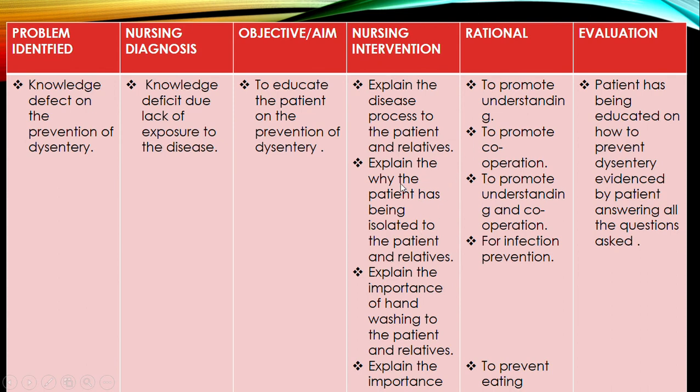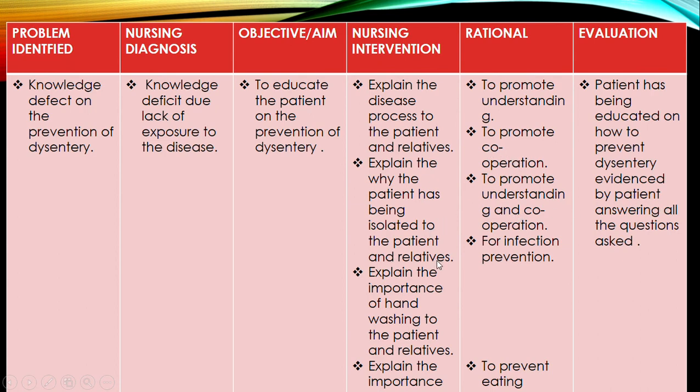We should explain why the patient is being isolated, because if they do not understand why we are isolating the patient and why we are limiting the number of visitors, they won't comply. So we want them to comply, and they can only comply and cooperate when they understand what we are doing. So we have to educate them.